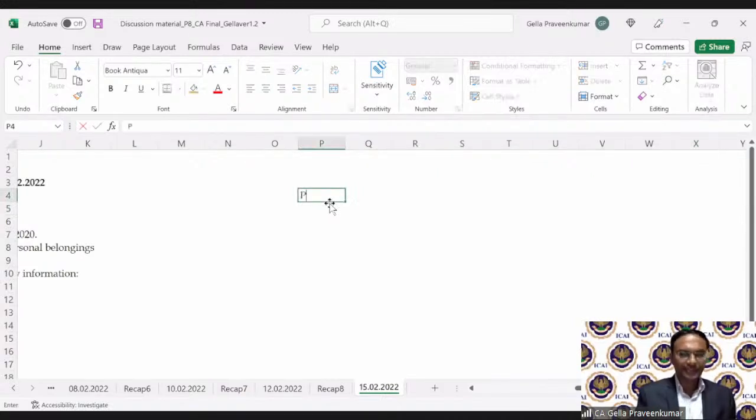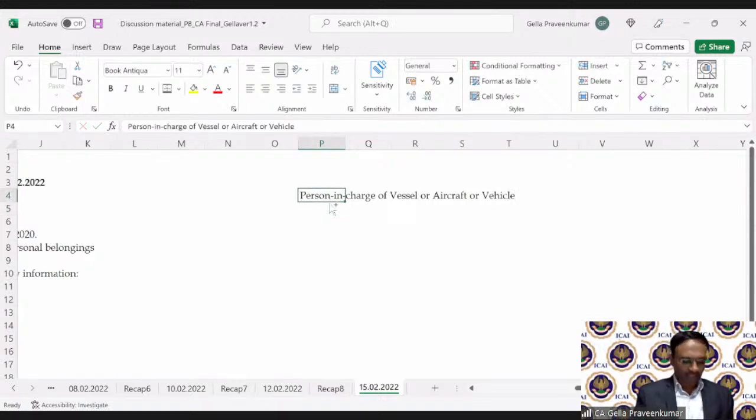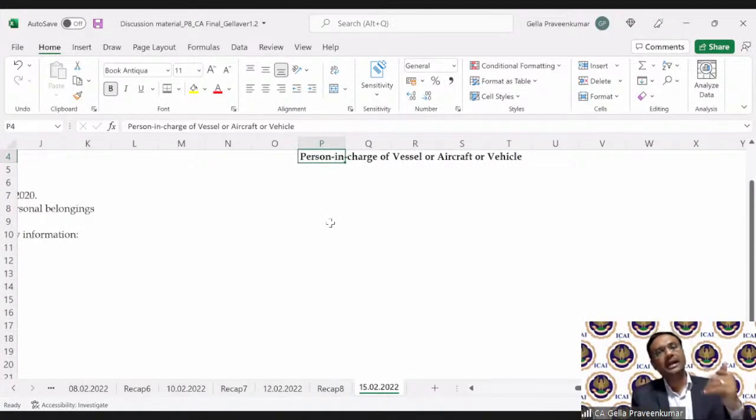Person in charge of vessel or aircraft or vehicle. Now, I can have this import-export by air, by sea, by road, whatever it could be.